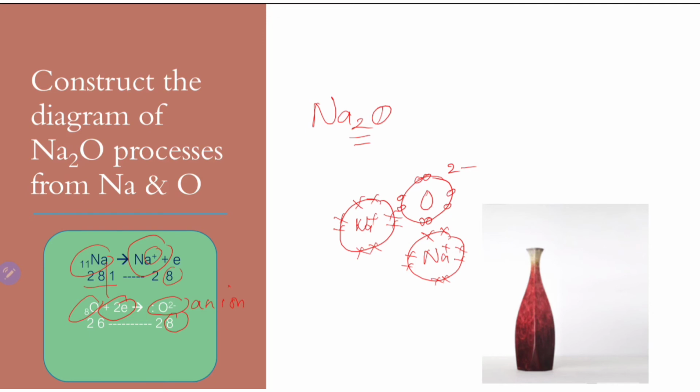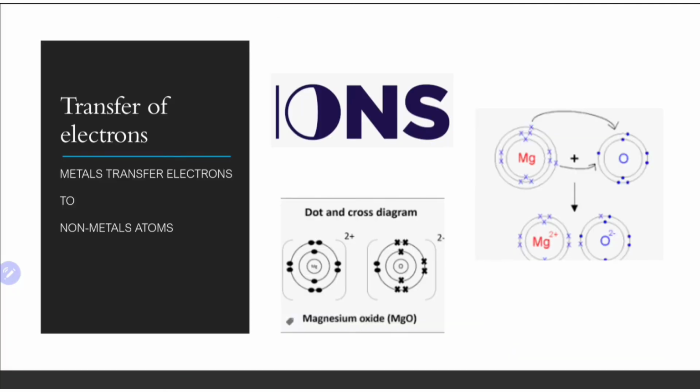This is oxygen. So ions happen by the transfer of electrons. Metals transfer electrons to non-metal atoms.